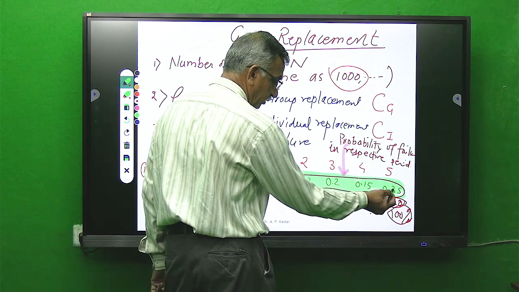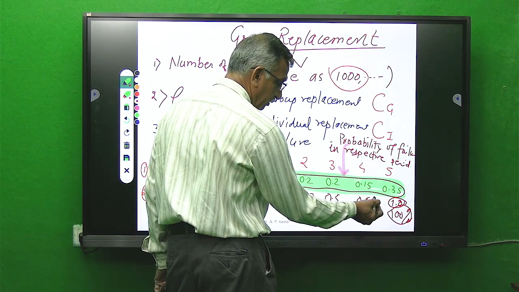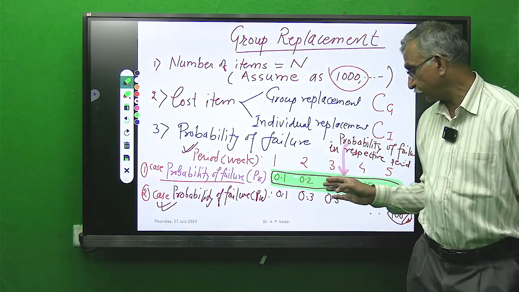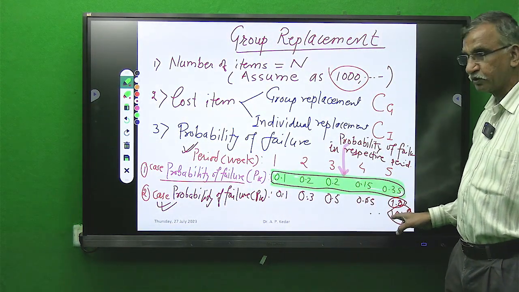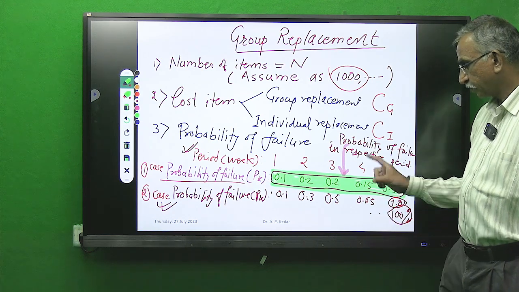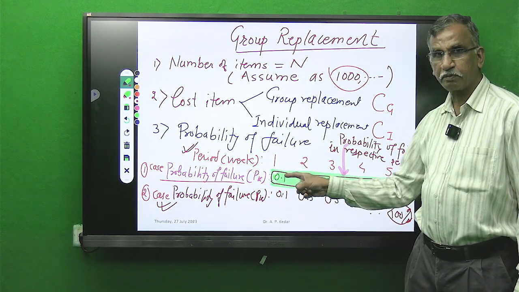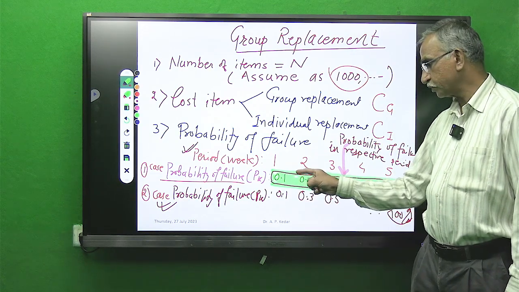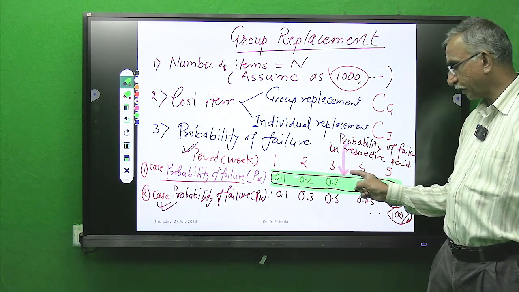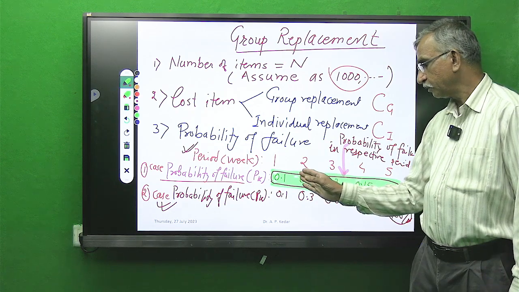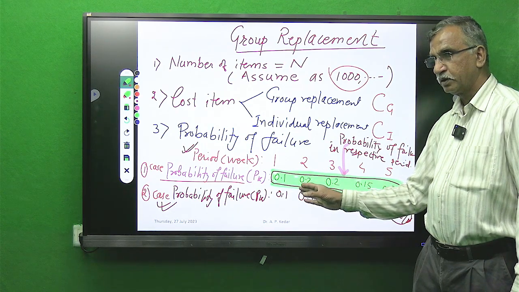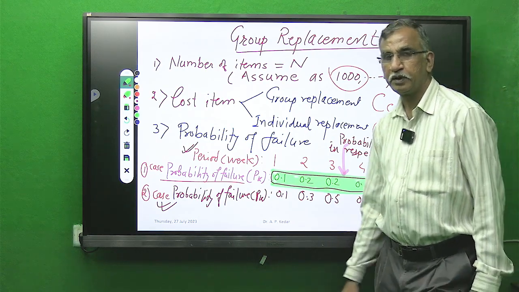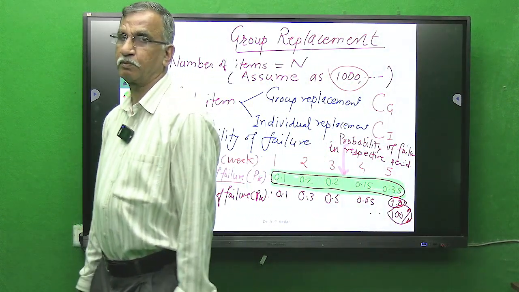This is the result of 1 minus 0.65, 0.35. So when probability is given in cumulative form, keep the first probability the same, and for subsequent probabilities subtract the previous probability from the current one, and likewise calculate the remaining probabilities.